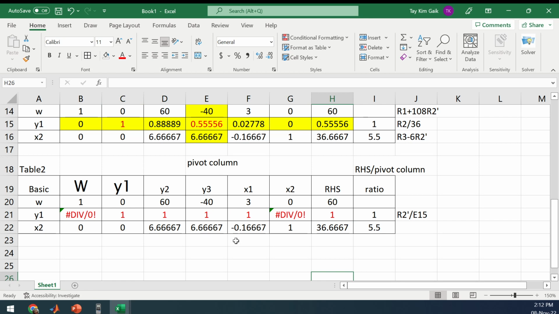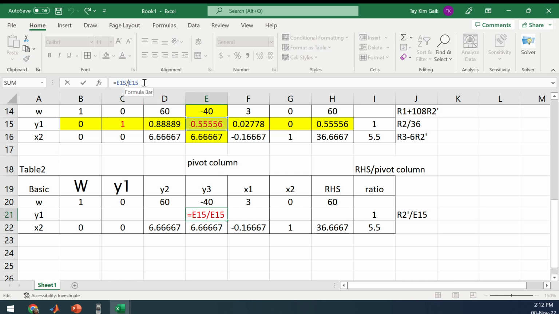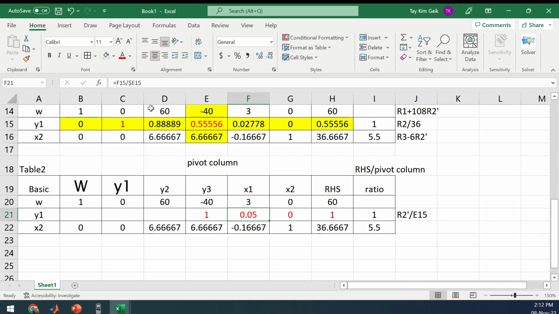Okay. So if you want to copy paste the formula one by one, then when you divide by this one, which is constant, you may put a dollar sign, or fix the column, just fix the column. And see now it's correct. You see, F15 is always divided by E15.